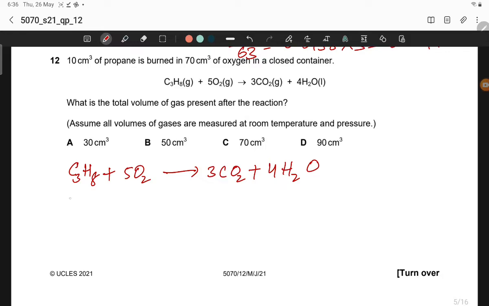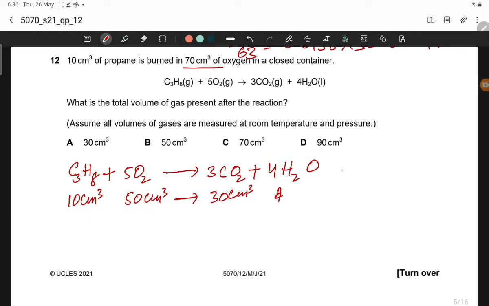This is 10 centimeter cube, 50 centimeter cube, 30 centimeter cube, and 40. This is liquid, so it cannot be used. So 70 centimeter cube of oxygen, it means 50 centimeter cube of juice.